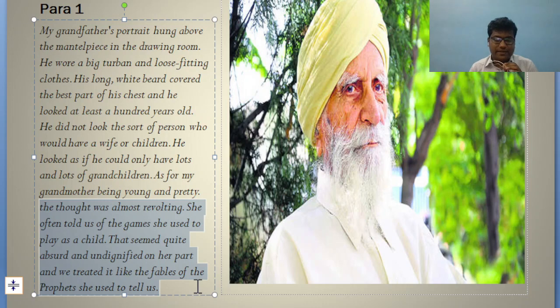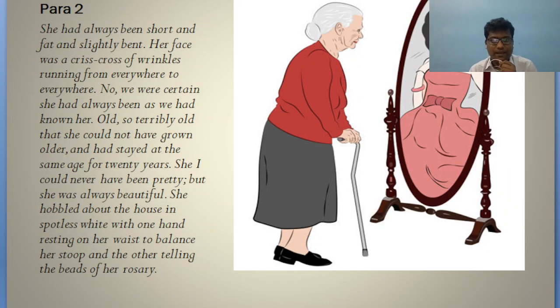So the fables, the prophets, I mean, it can be some mouth spread stories, some anecdotal stories that move around mouth to mouth, generation to generation. When you were a kid, your grandfather or grandmother must have told you some stories. Even I remember my grandparents told me stories. So it looks to the author something of that sort.